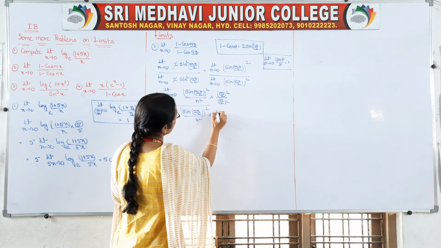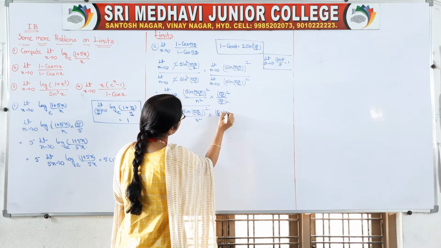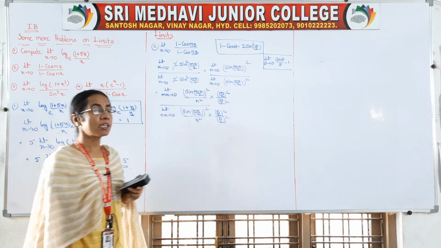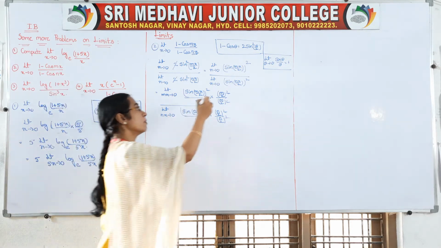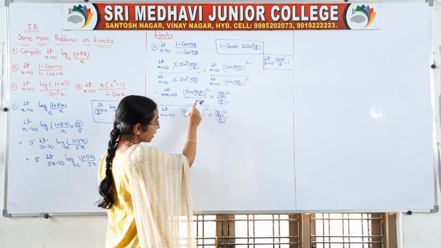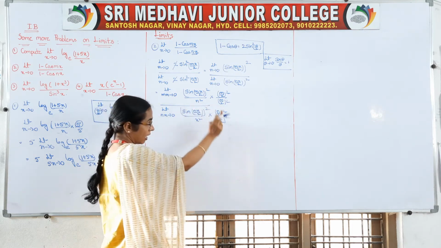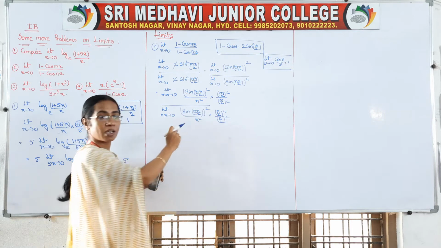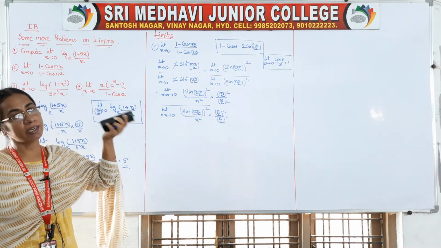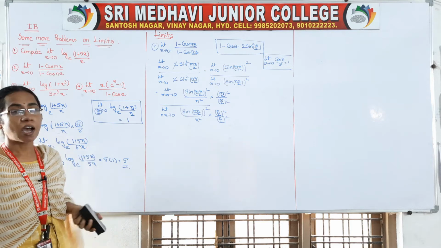And here we will do n by 2 whole square and n by 2 whole square. Okay. And we don't want this m by 2 whole square, this n by 2 whole square. This m by 2 whole square will come along with this one, and this n by 2 whole square will come along with this x square. We don't want those values, and they are constants, we can write them outside.